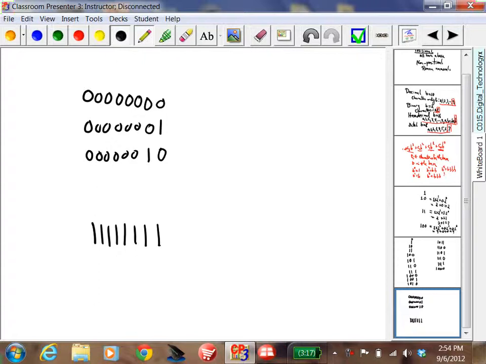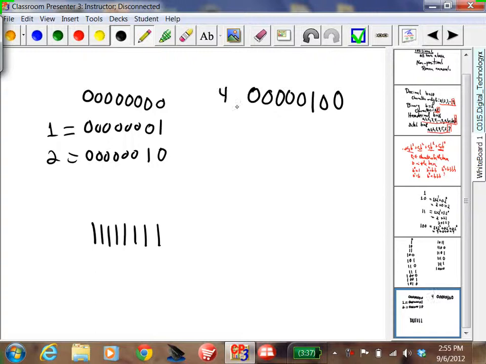So to store 1, you got here. To store 2, this is 1 here, this is 2 here. How do you store 4? That's 1, 2, 3, 4, 5, 6, 7, 8. That's how you store 4. How do you store 8?